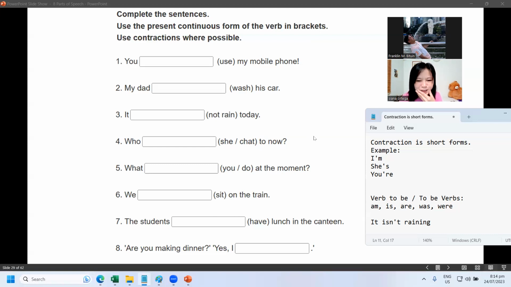I don't know, sir, because there's she's last chat. So you will use she and chat. She first and then use chat, because she is the subject. Yes. And then chat is the verb. She is chatting. So can I use the she in the who? Yes, you will use both she and chat.